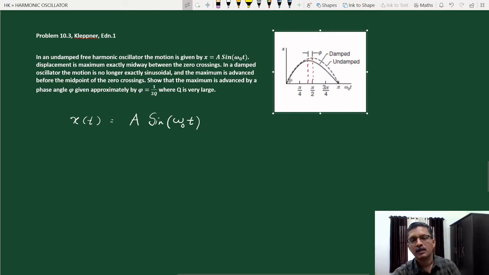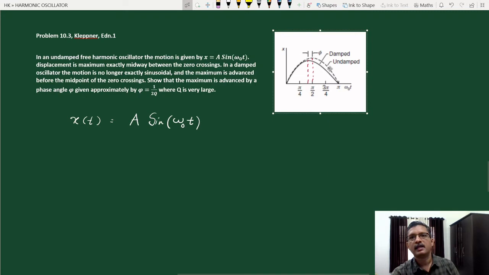Here you can see what zero crossings mean. The graph is plotted with x displacement along the y-axis and the phase angle, that is omega 0 t, along the x-axis. I'm not saying phase constant; here the initial phase is 0, but omega 0 t represents the phase angle, the argument of the sine function. That omega 0 t is plotted along the x-axis, so it's essentially angle along the x-axis.